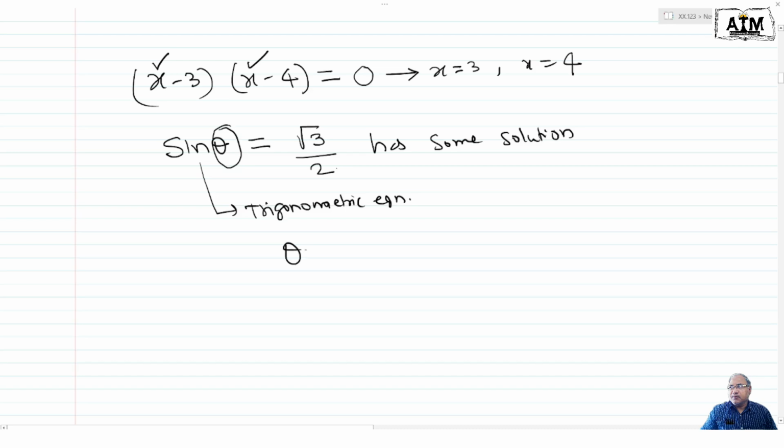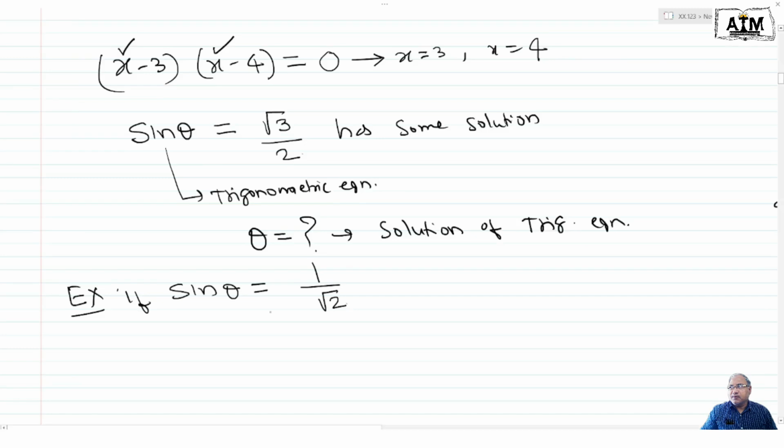Finding the value of theta is called the solution of the trigonometric equation. For example, if sin theta equals 1 upon root 2, then theta equals pi by 4.